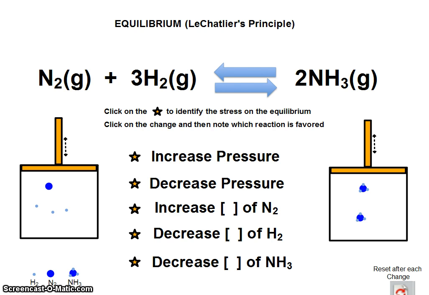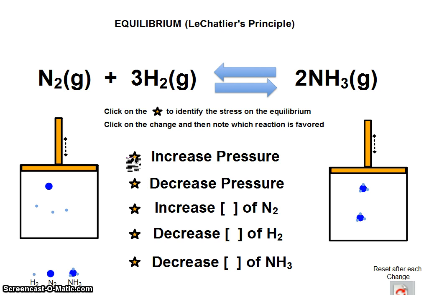Okay? And so here's an example that we can look at. If I have this reaction of nitrogen reacting with hydrogen gas to make ammonia gas, if I increase the pressure of the container once it's reached equilibrium, it brings everything closer together, and so they collide more, and so it makes both reactions faster.